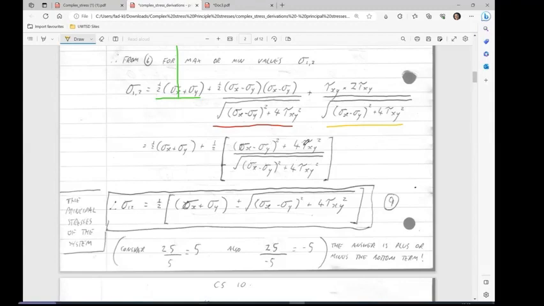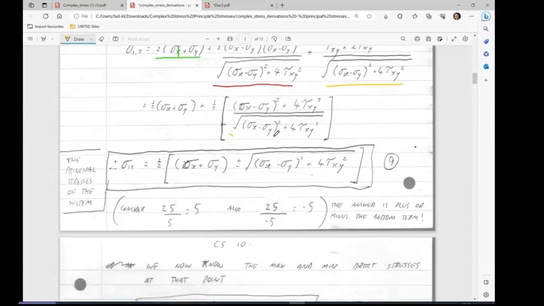If we're faced with that scenario, the answer is plus or minus the bottom. That's maybe not immediately obvious, so let's put some numbers on it. Here we've got the number 25, and on the bottom we've got the square root of that, 5, and the answer is 5.